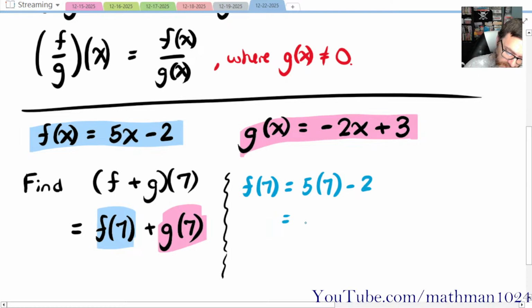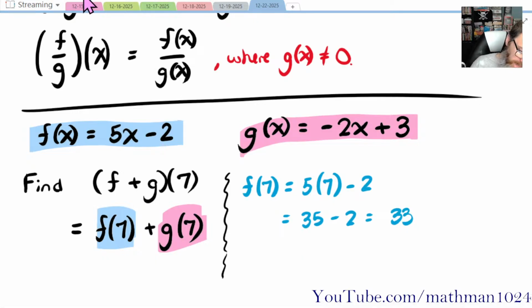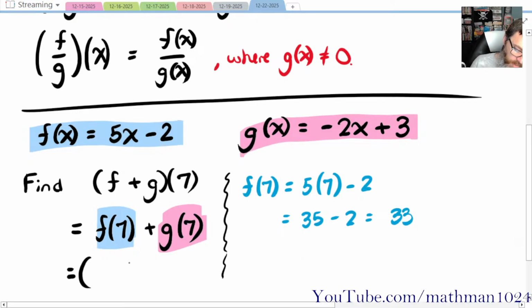So this gives me 35 minus 2, which equals 33. So then back over here, where I had f of 7, I'm now going to write 33. And then plus, I'm going to figure out what g of 7 is.